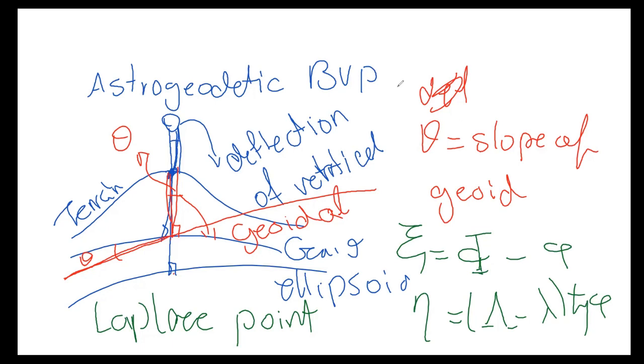But the question is, how can we determine the geoid or gravity anomaly from the deflection of vertical? So let me explain it in another way as well.